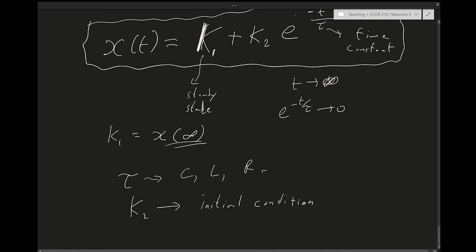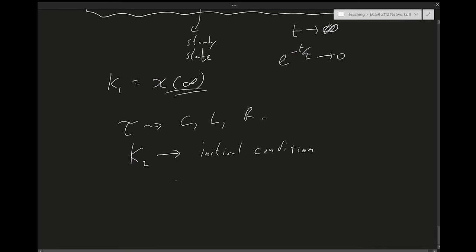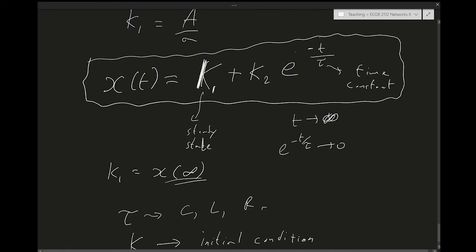Not just the initial condition. It doesn't have to be the initial condition. It could be, if you know the x at any instant of time, let's say ti, where ti is an instant in time. If you know x(t) at any instant of time, you can calculate K2.